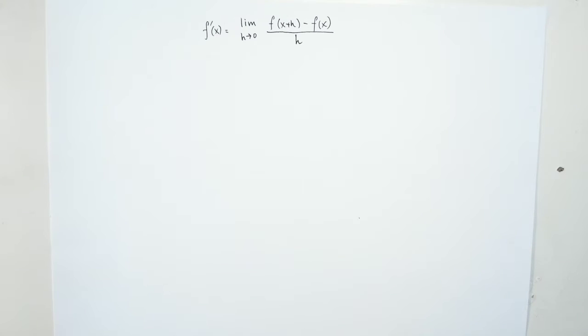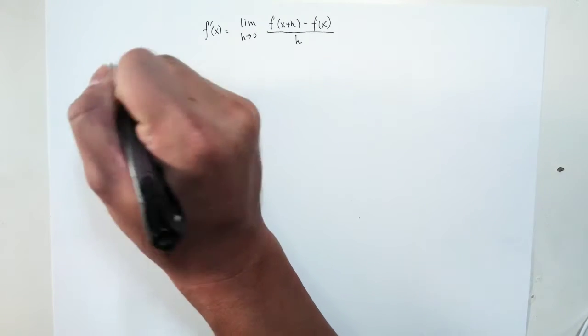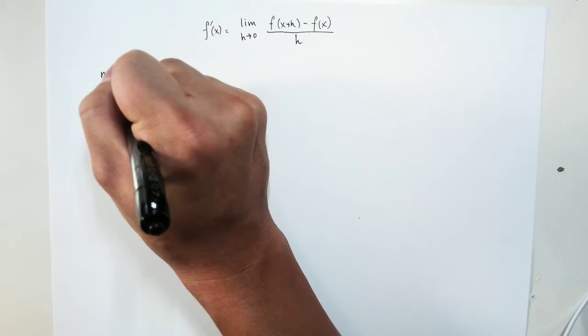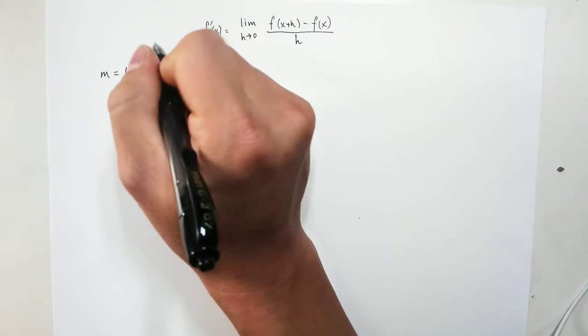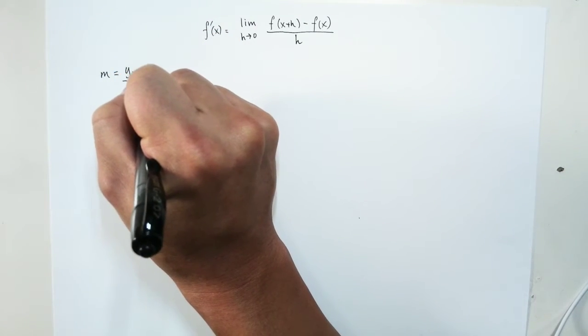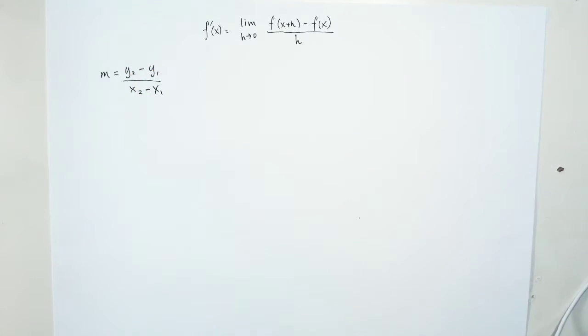In order to understand this equation, we need to make sure we understand a very crucial diagram and some fundamental knowledge that we have learned in Algebra 1 or even earlier. Let me remind you of one thing: what is the equation of a slope? Many of you should be able to say it: m, which stands for slope, is equal to y2 minus y1 over x2 minus x1.